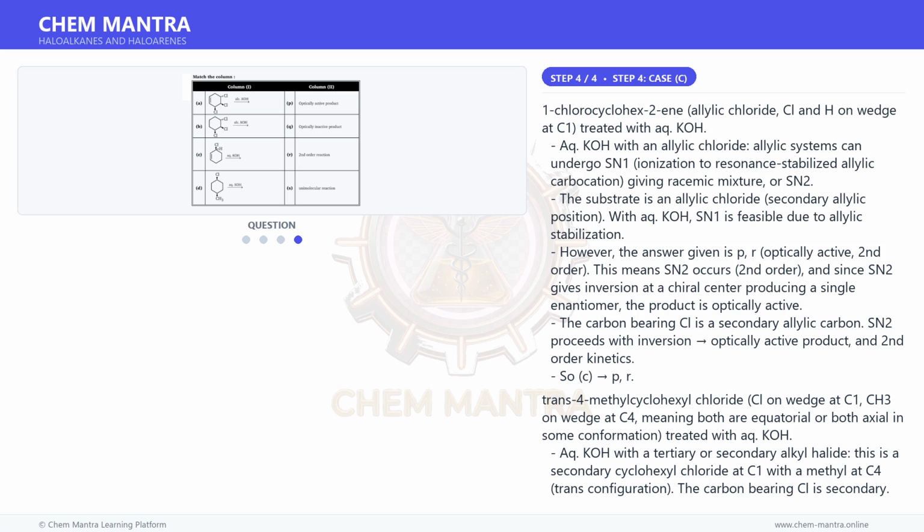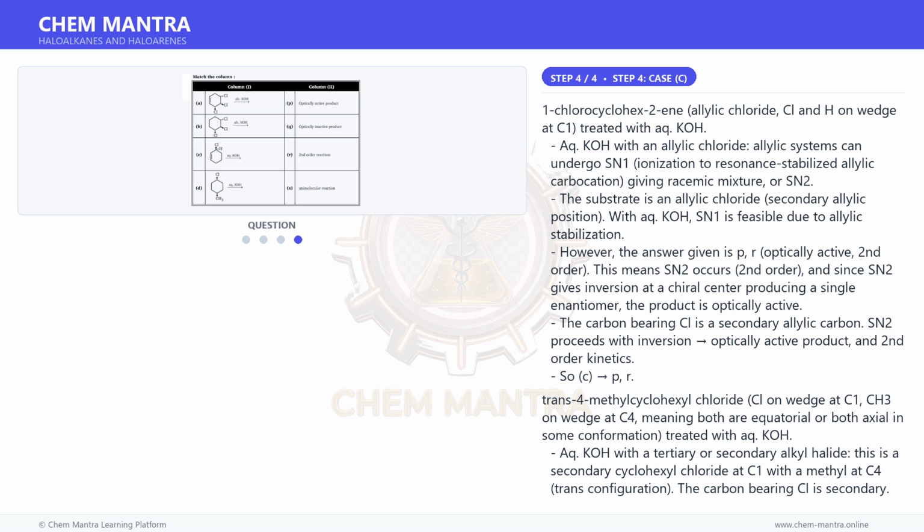In cis-4-methylcyclohexanol, C1 and C4 are both chiral centers, but the molecule is a meso compound with a plane of symmetry, making it optically inactive. And SN2 is second order. This explains D, Q, R: SN2, second order, R, and the product is cis-4-methylcyclohexanol, which is a meso compound, optically inactive, Q.